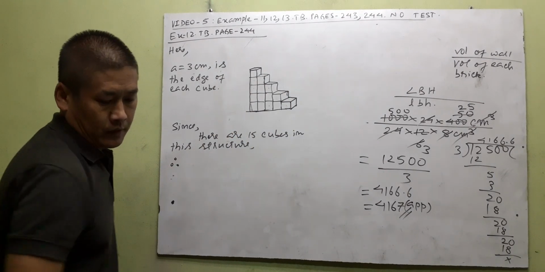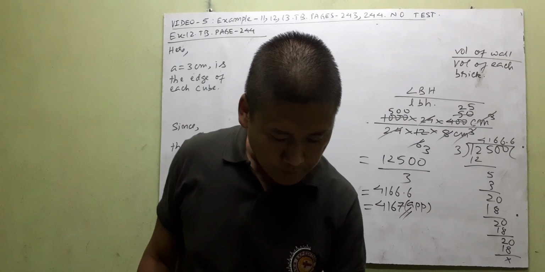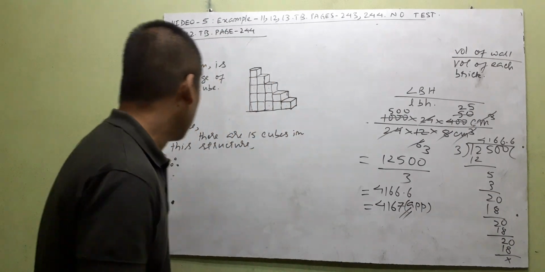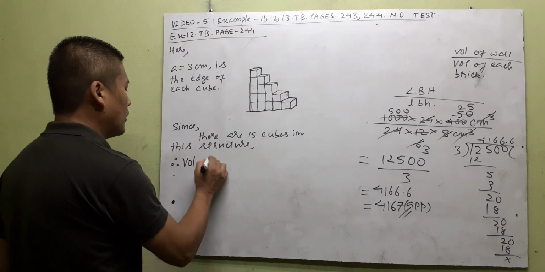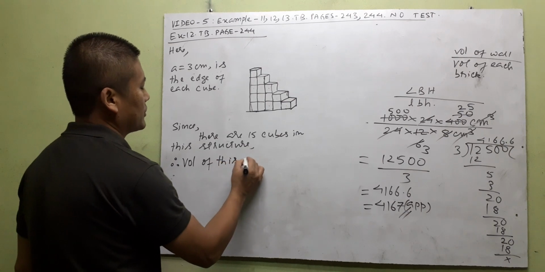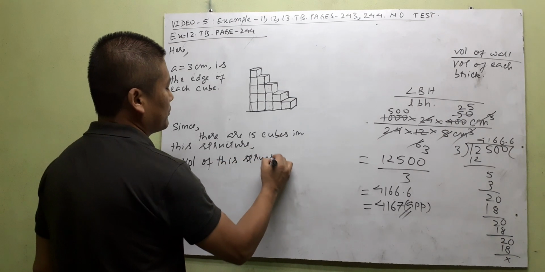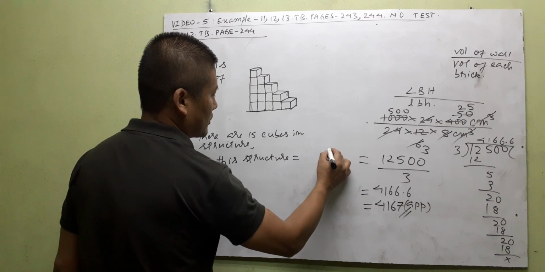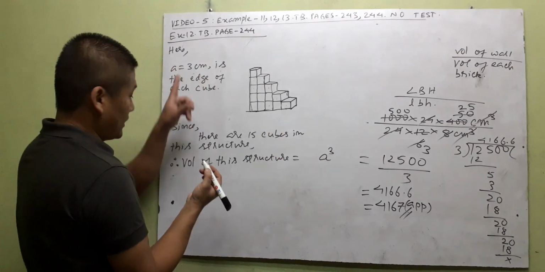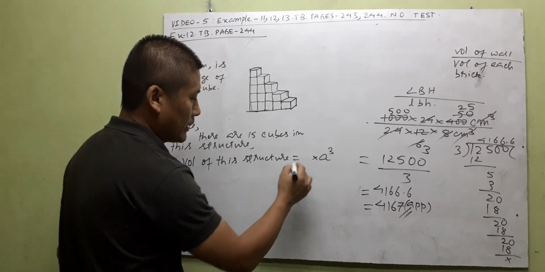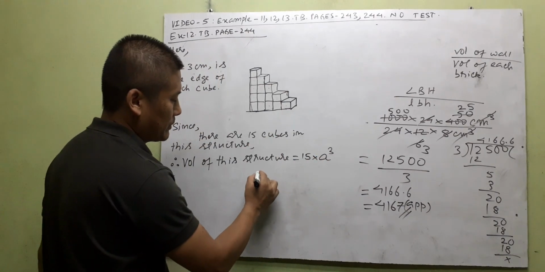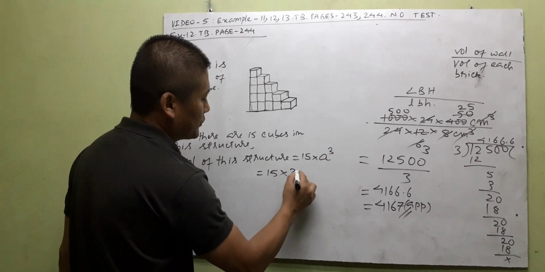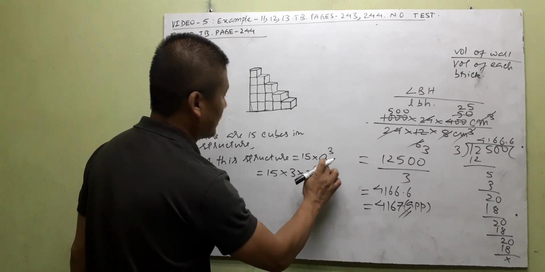Therefore, the question is asking us, find the volume of the structure. So you can just write here: volume of this structure will be the volume of one of these cubes that the child is playing with, a cube formula, right? a cubed. And then there are 15 such cubes, so you multiply by 15, and then 3 into 3 into 3 because it's a cube.